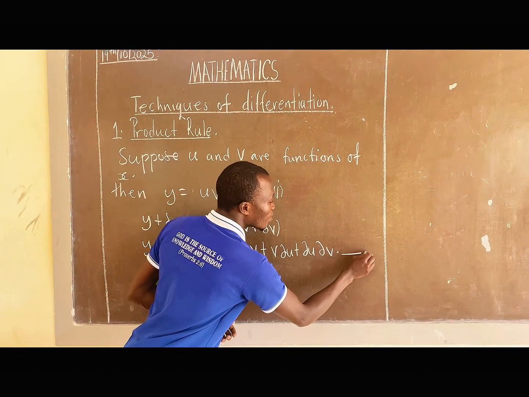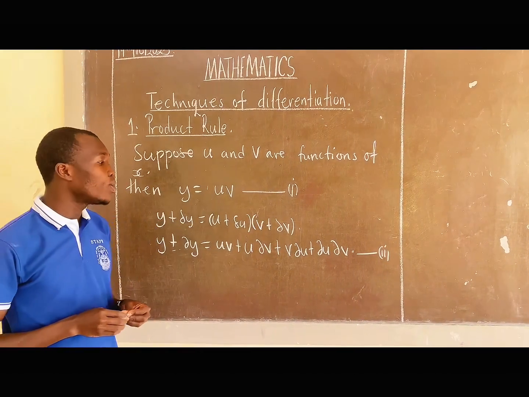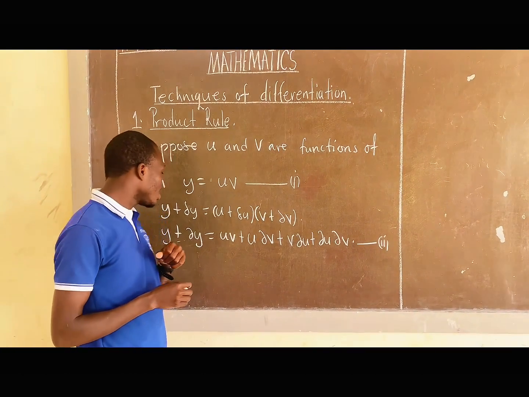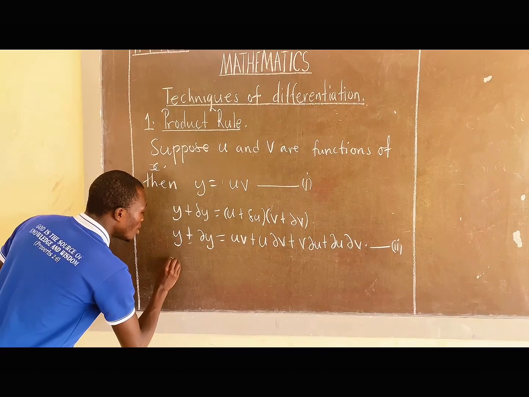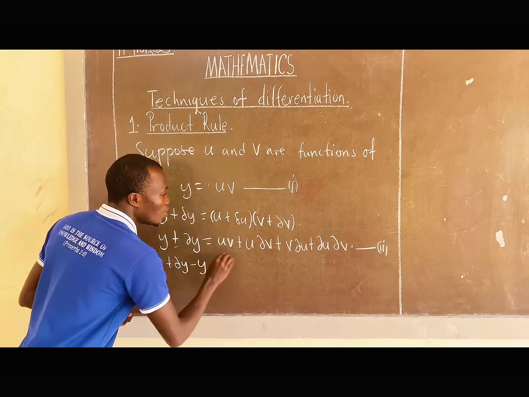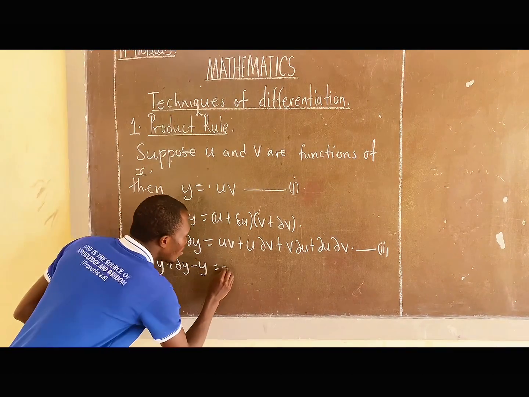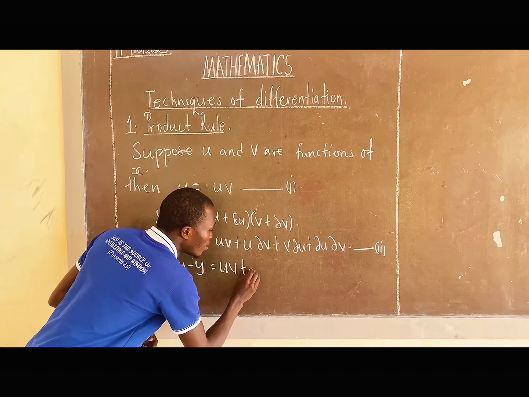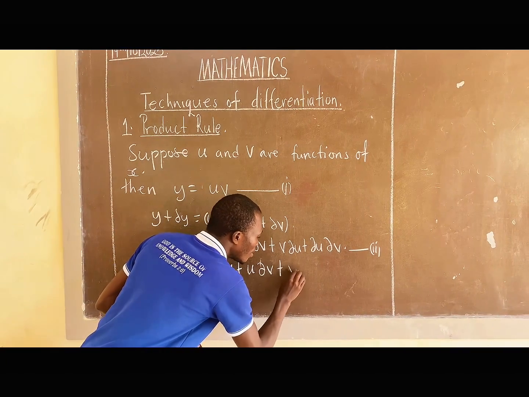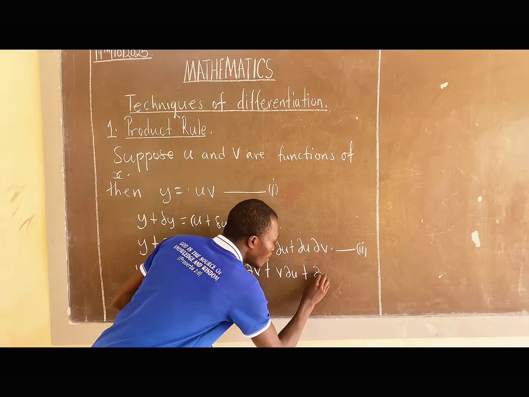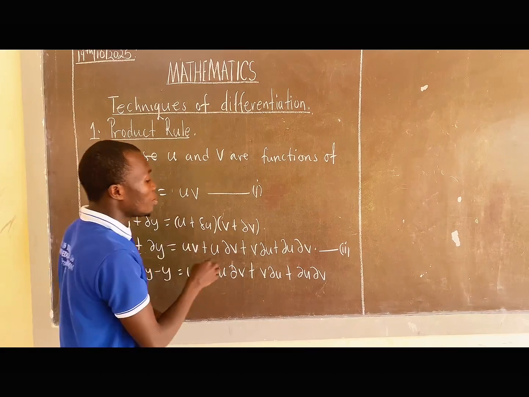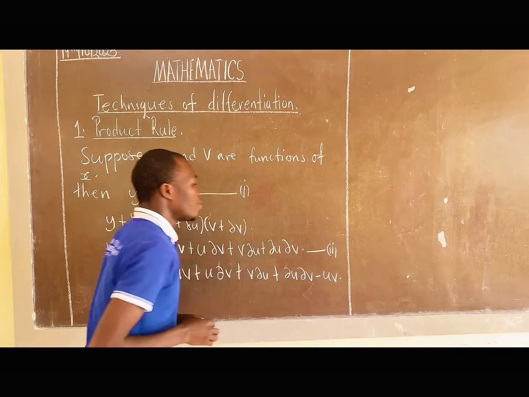So what do we have here? I think we can call this equation 2 now. What we are going to do, we shall have equation 2 minus equation 1. That will yield y plus delta y minus y equals, we write this the way it is, then we subtract uv from equation 1.